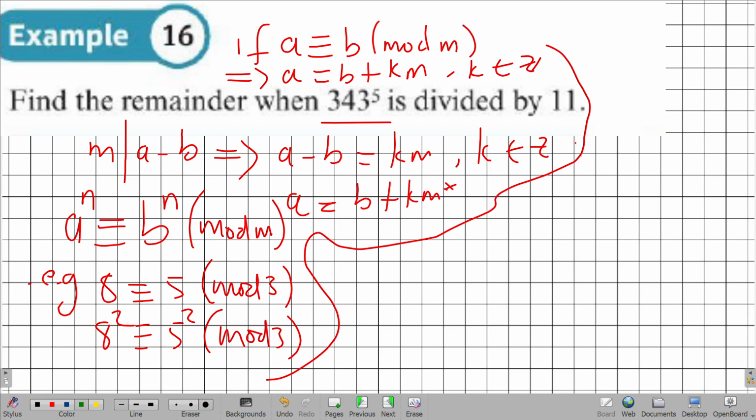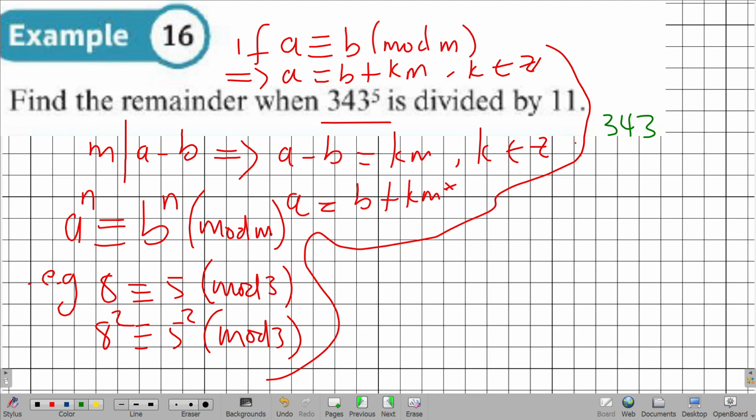The best way is to apply logic, which is number theory. I can start by checking what the remainder is if I divide 343 by 11.